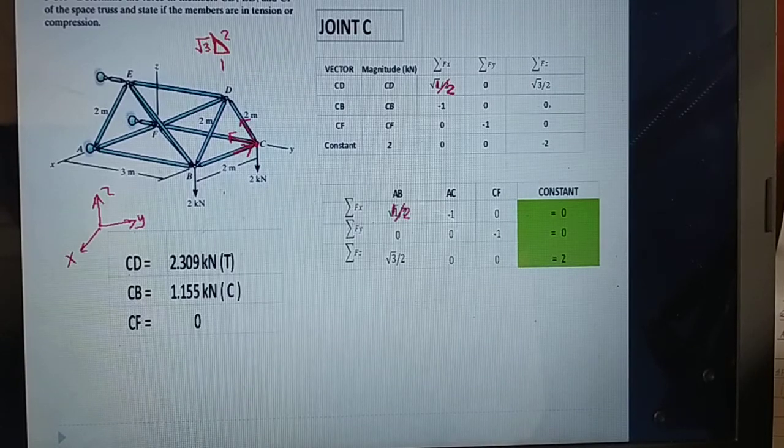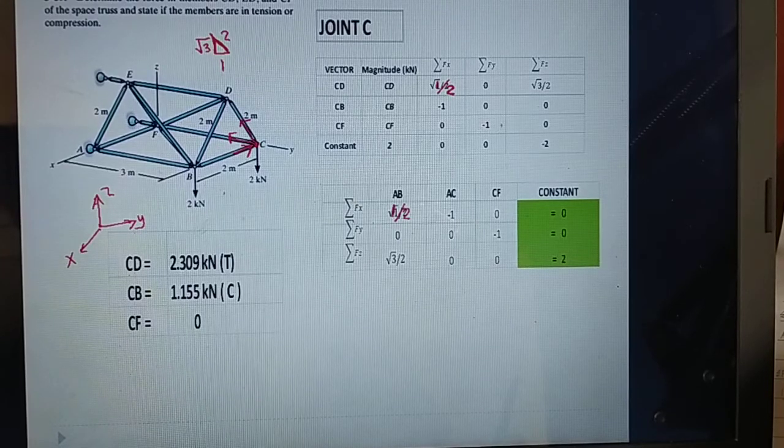That's 0, 0. For CF, it has a projection only along the y-axis. The y is opposing towards the left, so we get negative 1. And for the constant, we have the 2 kilonewton. It has a projection along the z-axis, negative 2.